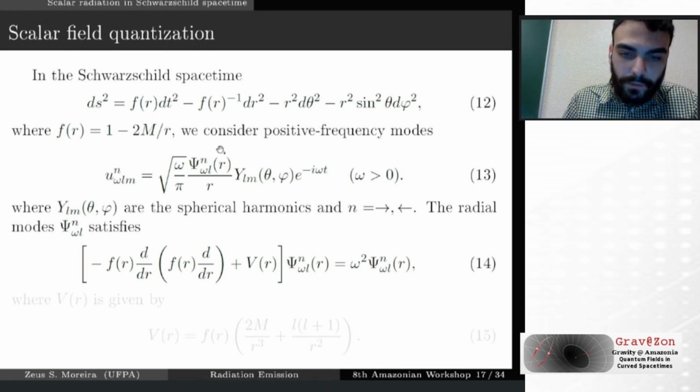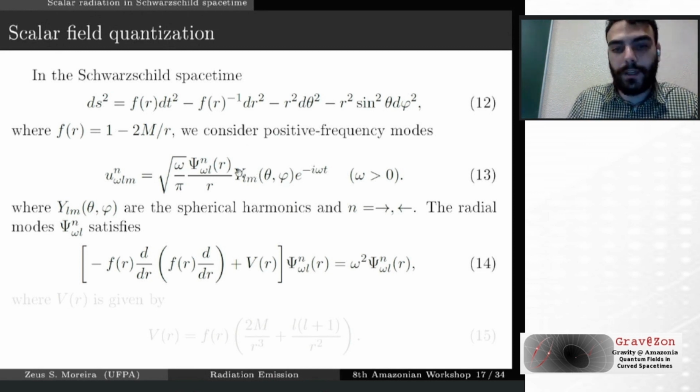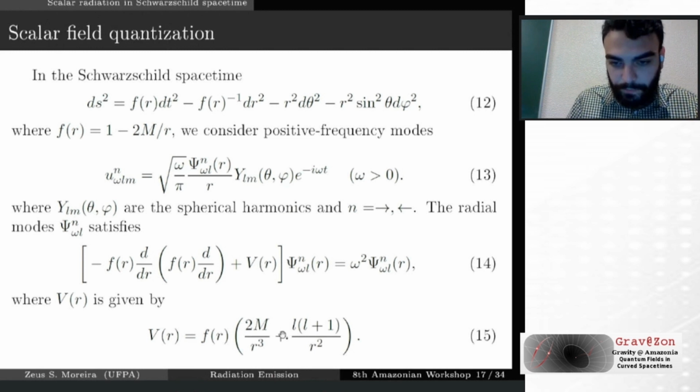So if you substitute these positive frequency modes into the Klein-Gordon equation, you can obtain an ordinary differential equation for the psi, for the radial modes. That is this equation 14. It's just a very simple equation, where this V is given by equation 15.